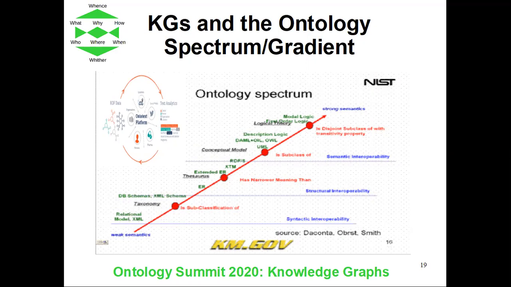If you're not familiar with it, and it's a little bit hard to read, of course, with lots packed in here, you have a hierarchy, a spectrum, as it were, going from things that are very informal, with informal and weak semantics, things that you might have in a dictionary or maybe in a taxonomy, which is a little bit more organized. As you move up the spectrum, you get into things that are more semi-formalized, like RDF and so forth, until you reach the top, where you have various forms of formal logic and description logic. This provides a little bit of a vision about what we've been working on and talking about for a number of years.